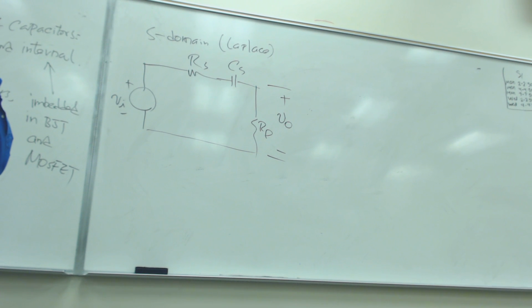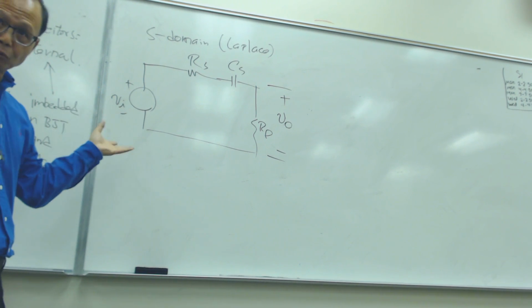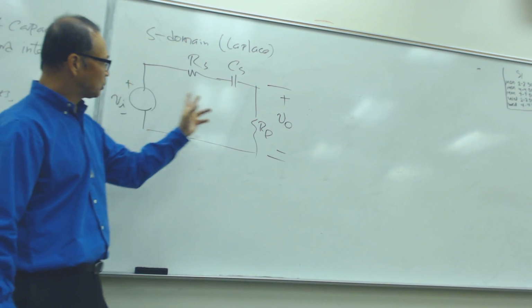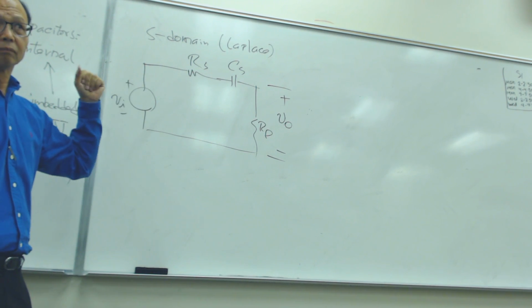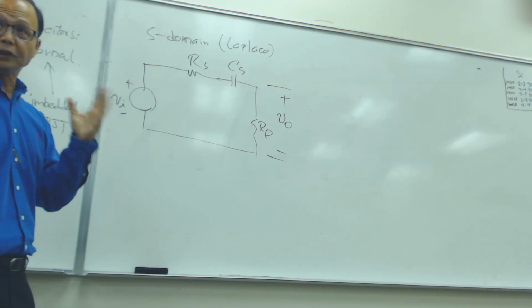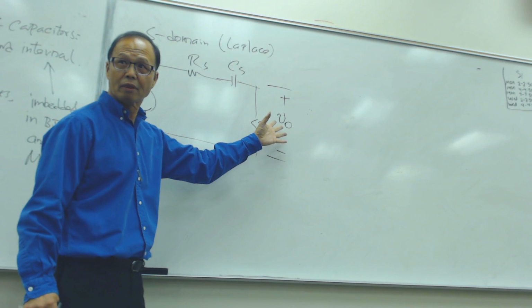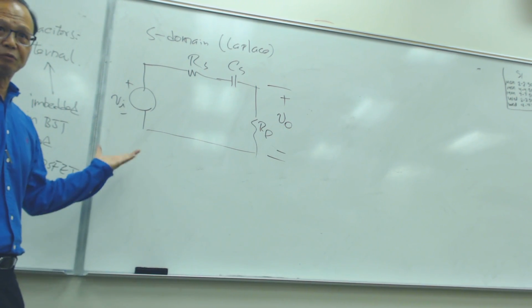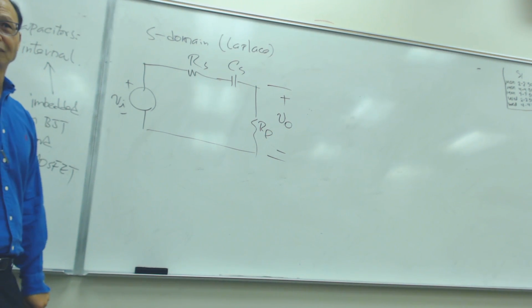Okay, so there are two types of analysis, right? One is called the time domain. That means you can solve V sub O as a function of time, yes? The second one is the frequency domain analysis. You can find V sub O as a function of what? Frequency, right? You learned that before. Well, in the time domain, what do you have to do?